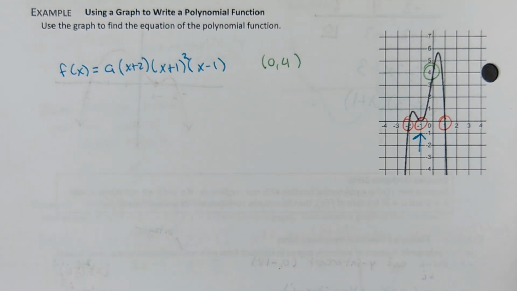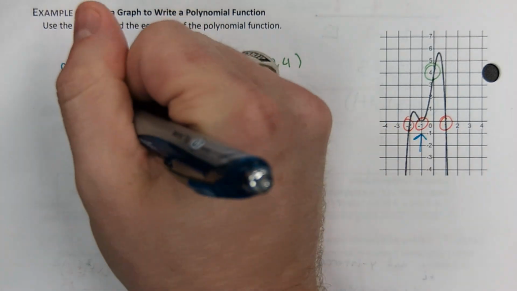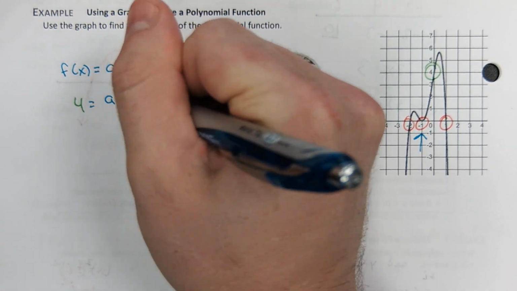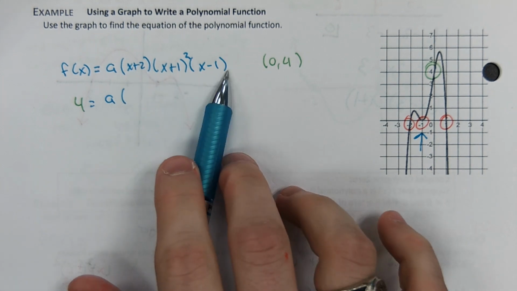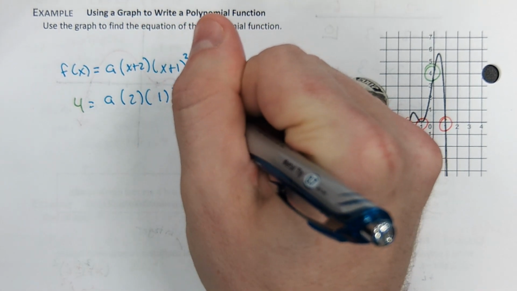So it's the exact same thing we did on the last one. We're going to make sure 0, 4 works. So we've got 4 equals a, and you put a 0 in all of these x's, and look what you get. 2, 1 squared, -1.